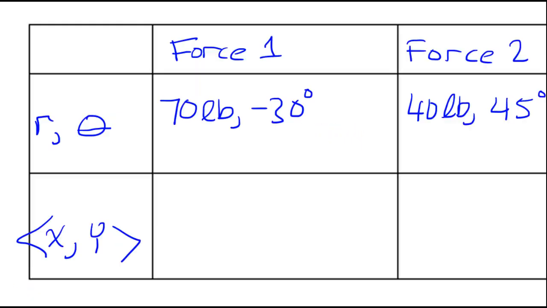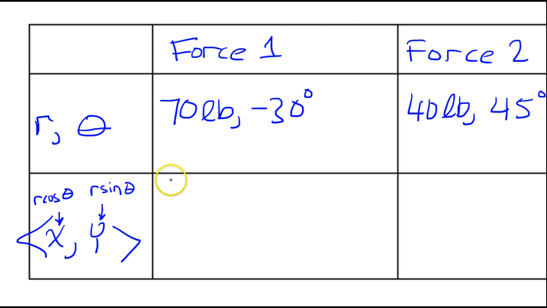And here's how. To get the horizontal component, you do r cosine theta. To get the vertical component, you do r sine theta. When I say r and theta, I'm talking about the magnitude and the direction.